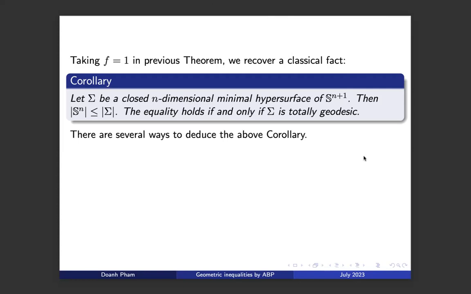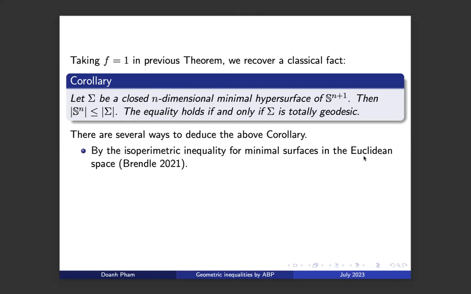We want to point out that there are several ways to deduce this classical corollary. First, we can use the new isoperimetric inequality for minimal surfaces in Euclidean space, which was established very recently by Brendle in 2021.